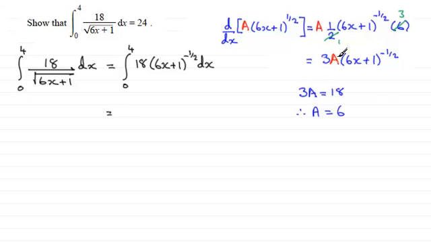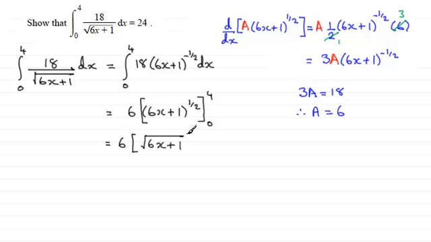And we've got the limits between 0 and 4. I'm going to pull the 6 out. Again, I don't have to do that, but we're integrating between the limits 0 and 4. So if I just write this then as the root of 6x plus 1 going between 0 and 4, then just substituting my limits in, putting 4 through first of all, I've got 6 times 4 is 24, plus 1 is 25.